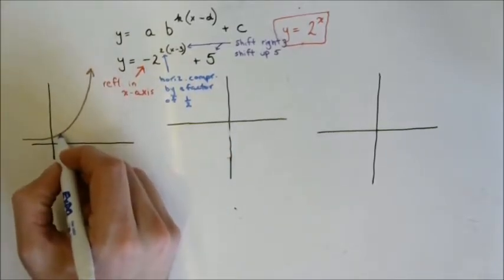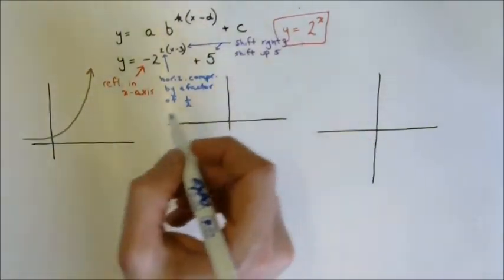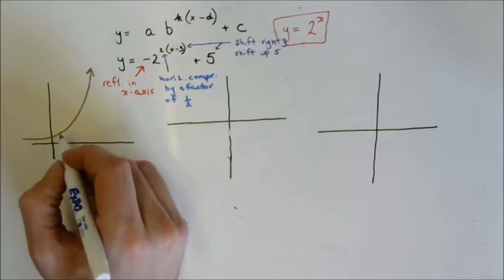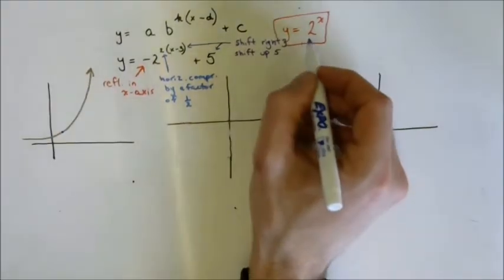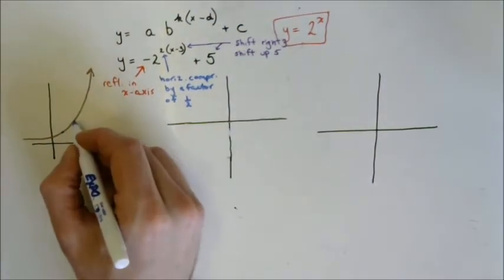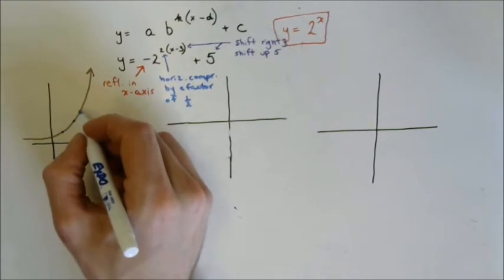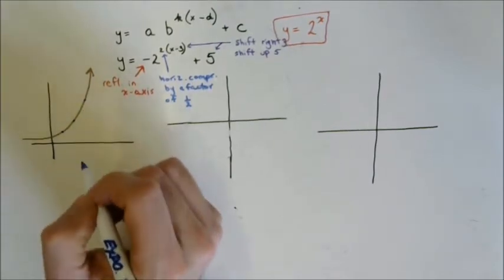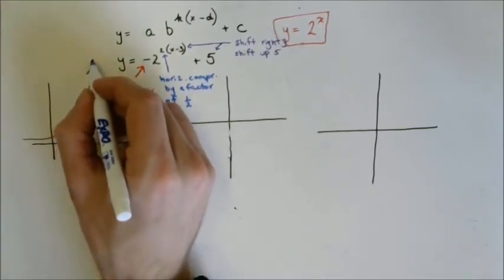So you could do it with a table of values. Right now we would just pick a few key points. For instance, we know that some of the key points on here are (1, 2), (2, 4), (3, 8), and (4, 16). So if you have those numbers on your grid, it's really easy.